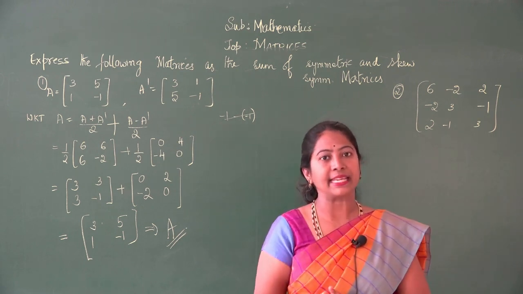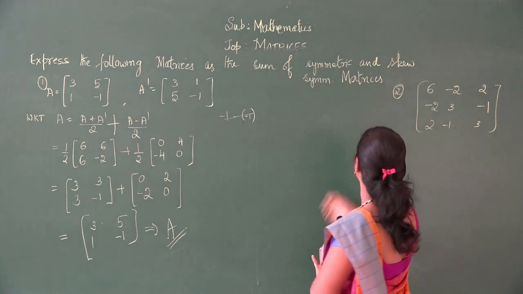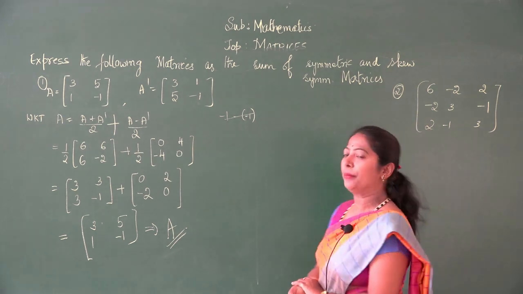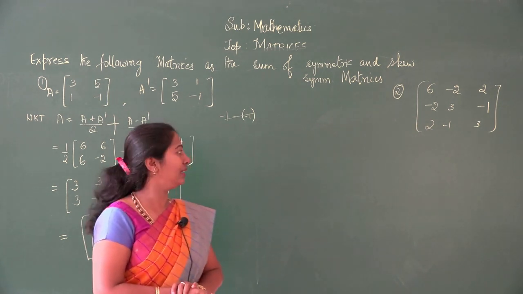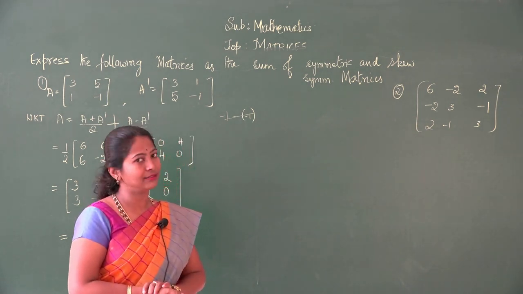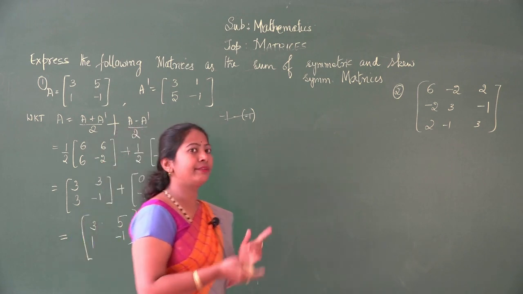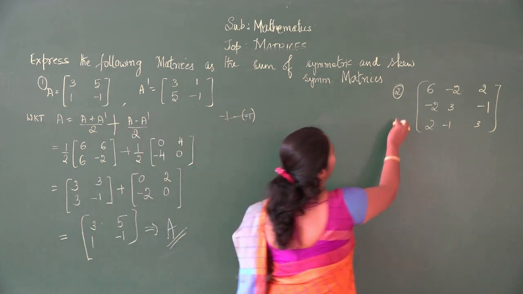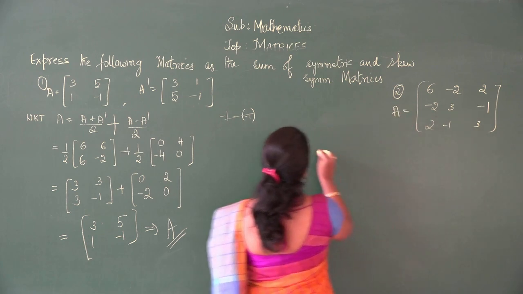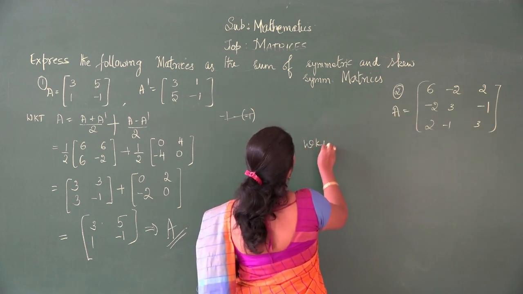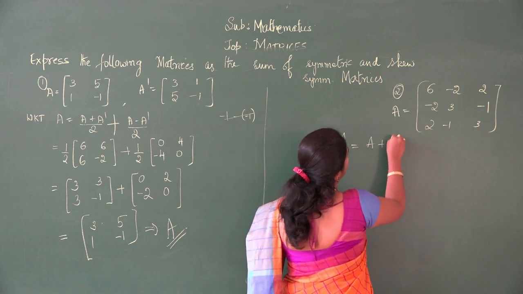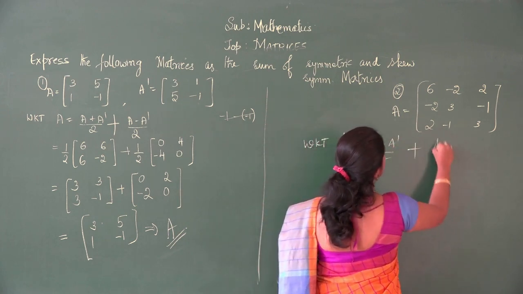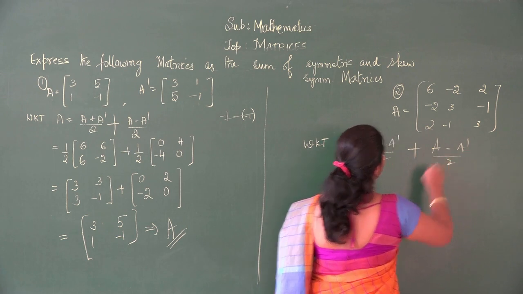Moving on to the second problem now. What is the second problem? Given 6 minus 2, 2, minus 2, 3, minus 1, 2, minus 1, 3. As I told you earlier, we will first represent this as matrix A. We know that matrix A is given as (A plus A dash) by 2 plus (A minus A dash) by 2.